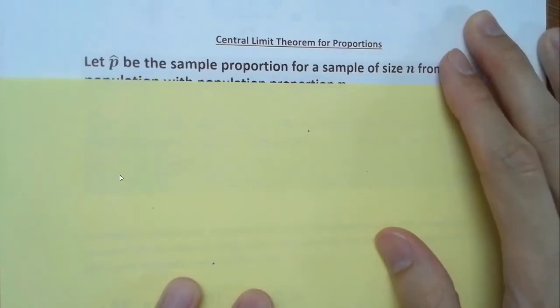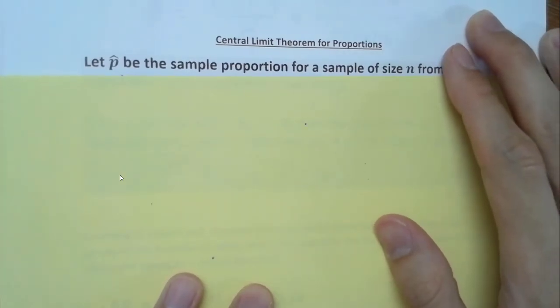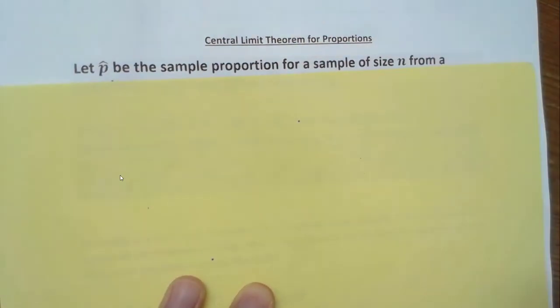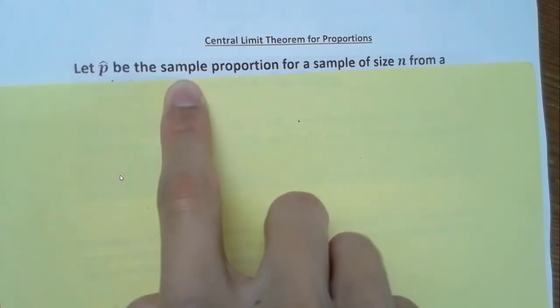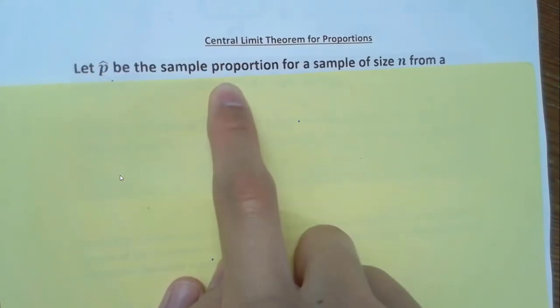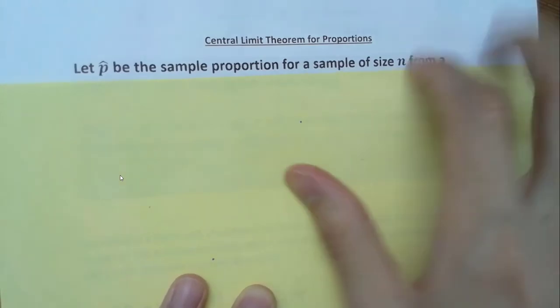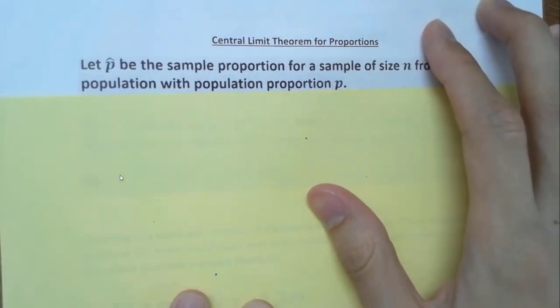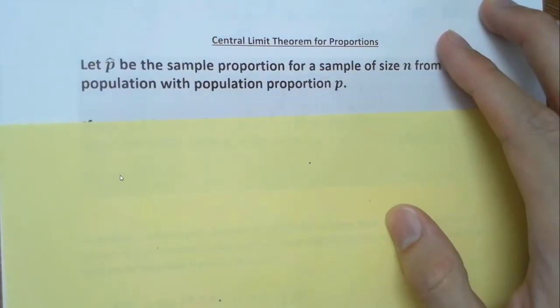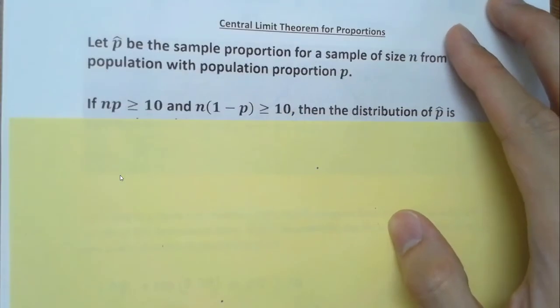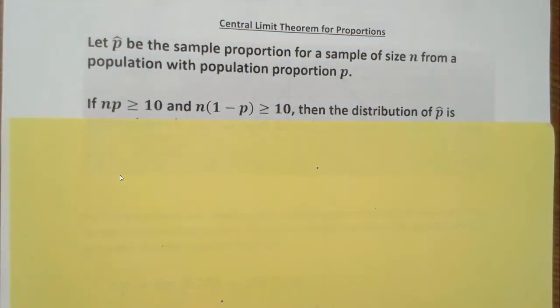And therefore now we are ready to talk about the central limit theorem for proportions. We let p hat be the sample proportion for a sample size n from a population with the population proportion p. And we have two requirements here.